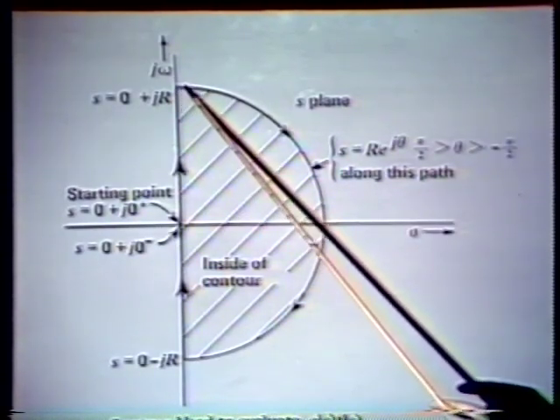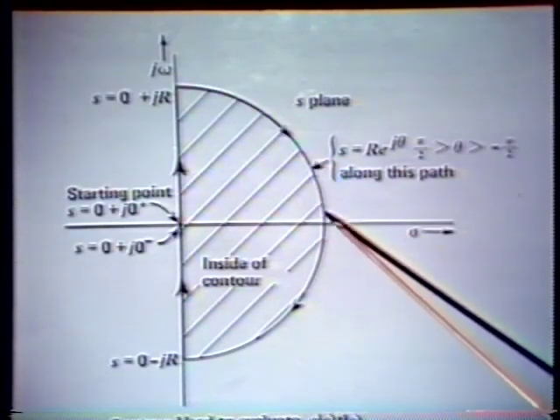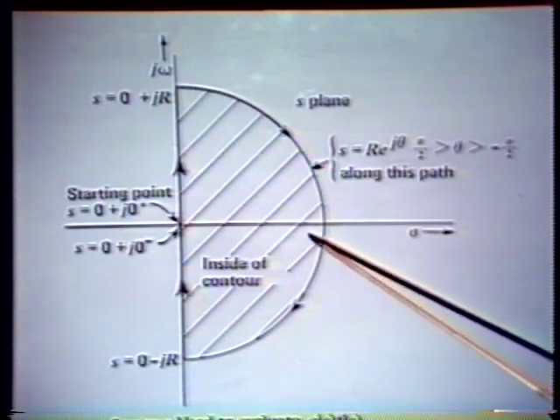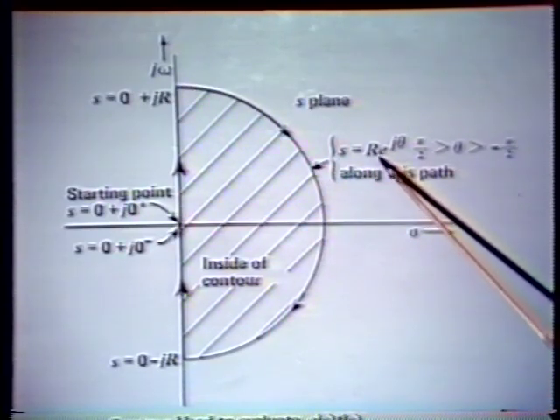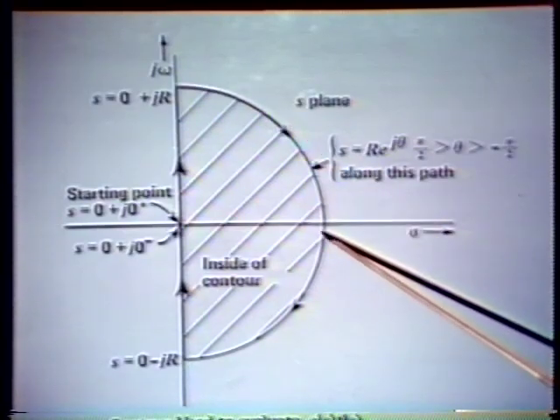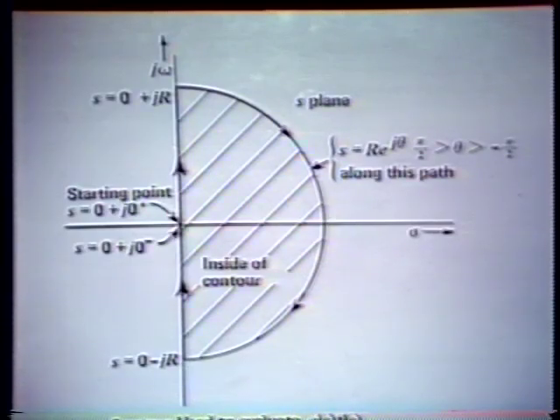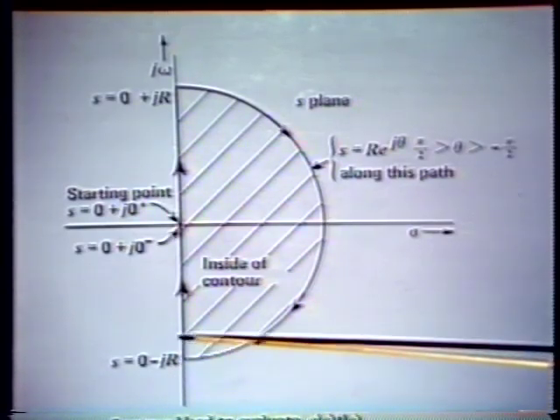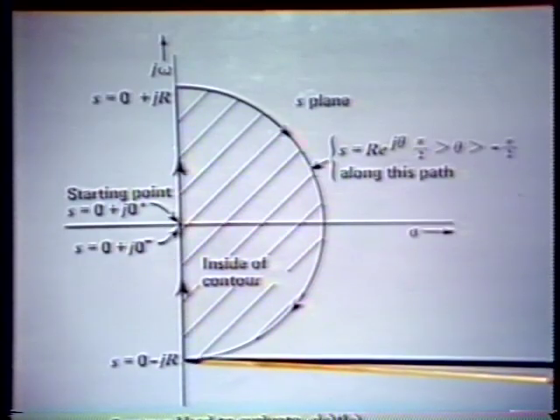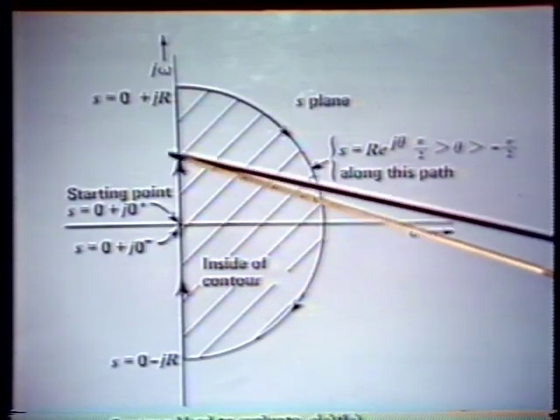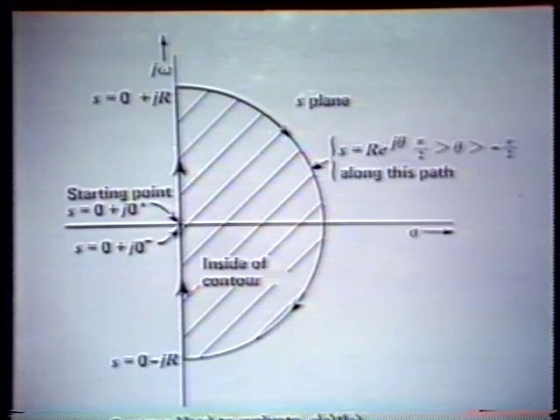We then continue the contour into the region of interest along really almost any path, but conventionally a large semicircle is chosen, so we let S equal R e to the j theta, as theta goes from plus 90 degrees to minus 90 degrees, and then we continue our contour here, going from S equals 0 minus jR back to S equals 0 plus j0 minus. So this is the contour that we use to evaluate the AF product.